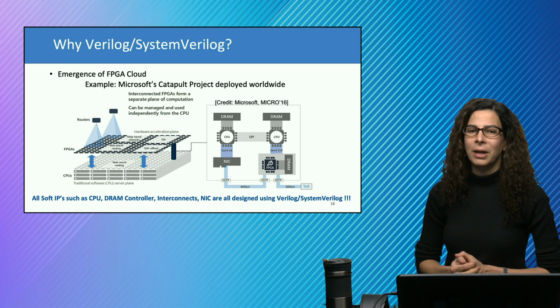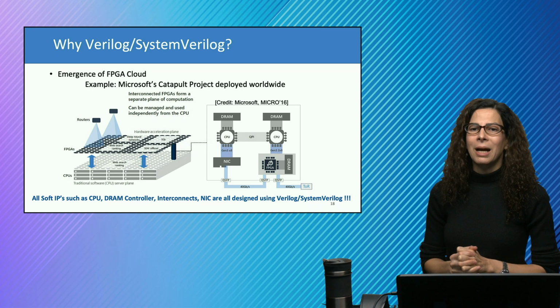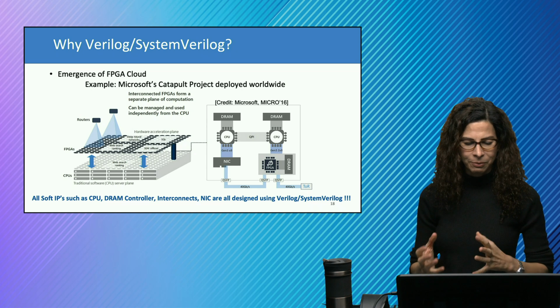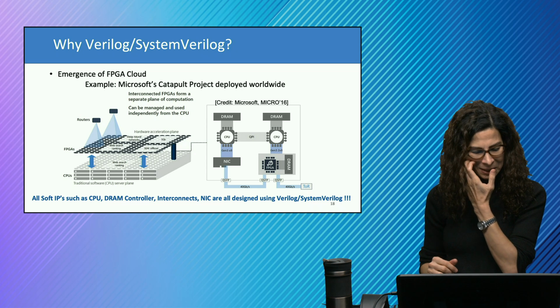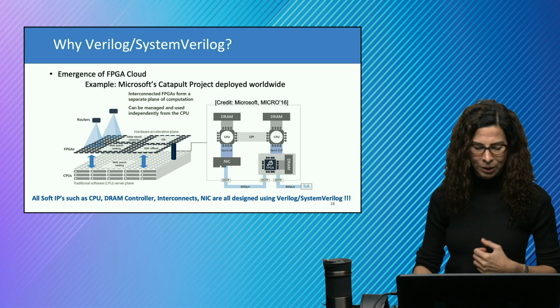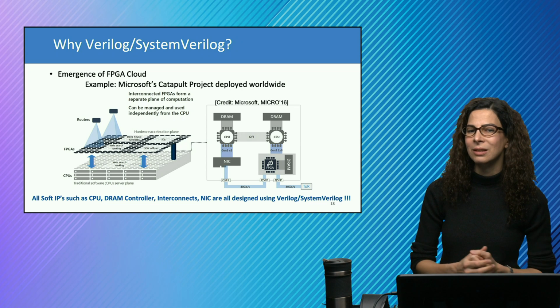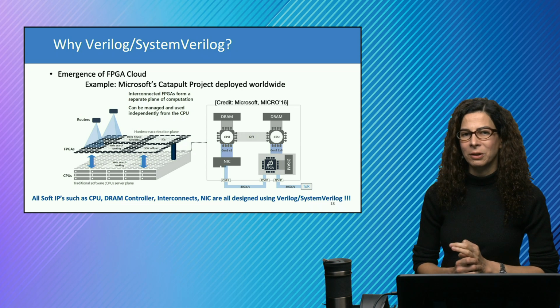For example, the Microsoft Catapult project from the Azure team has deployed FPGAs as a separate plane of computation that is added to its CPUs with routers. And all of the IPs that went into designing this cloud system are designed using Verilog and SystemVerilog.